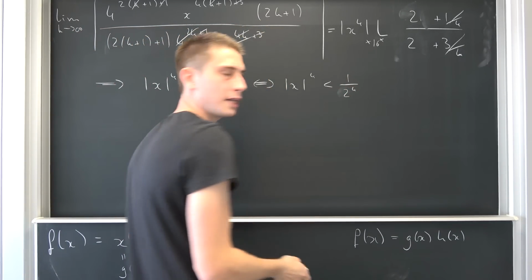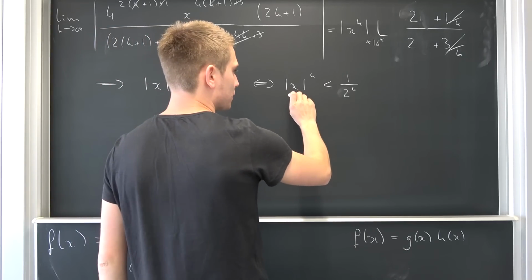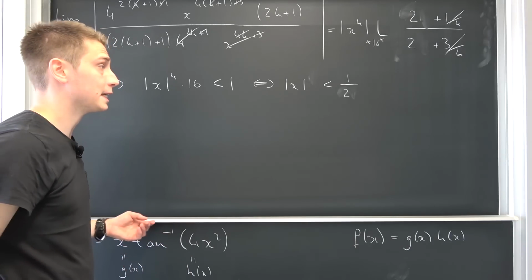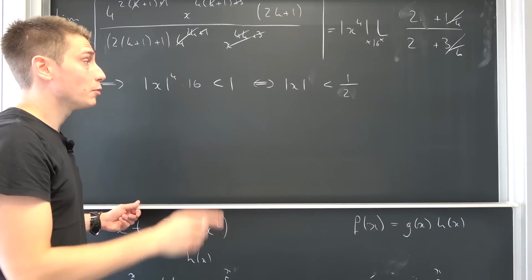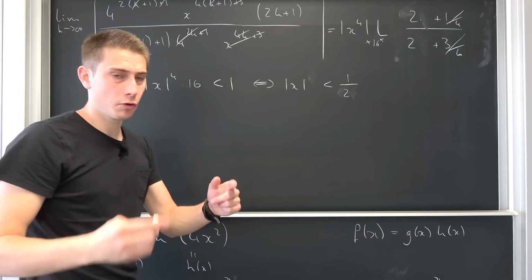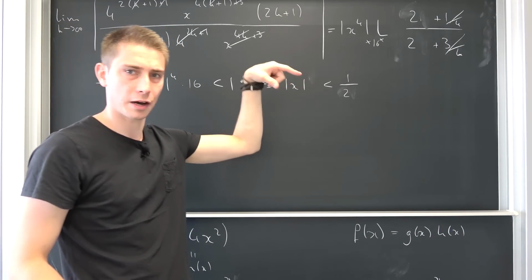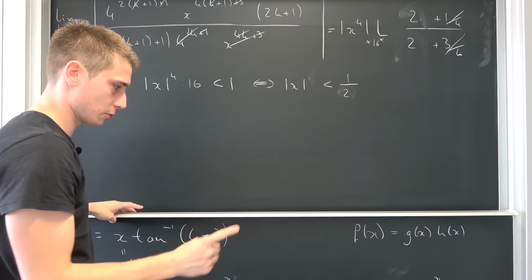Ignoring negative and positive signs after taking the 4th root, the radius of convergence is 1/2. For all values between negative 1/2 and 1/2, it's going to converge absolutely.